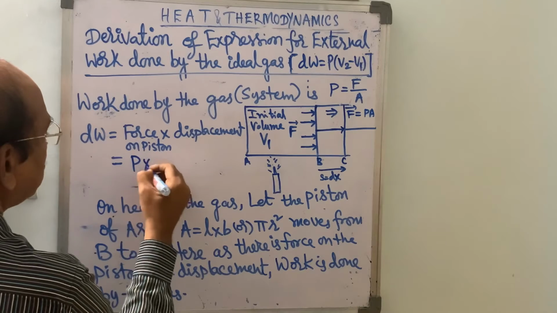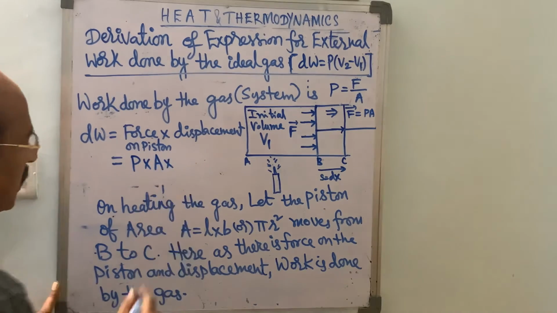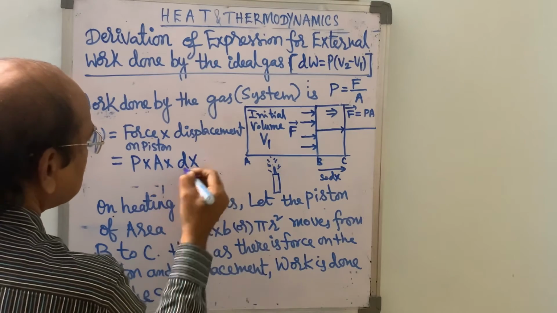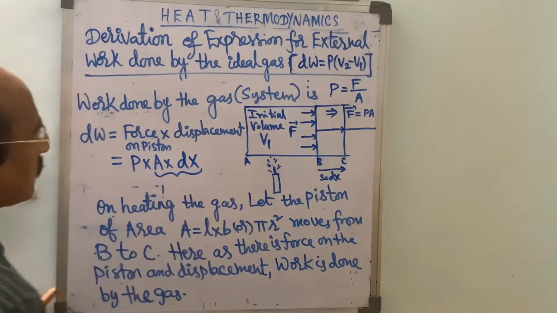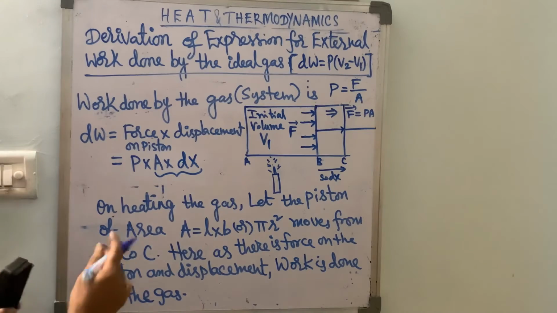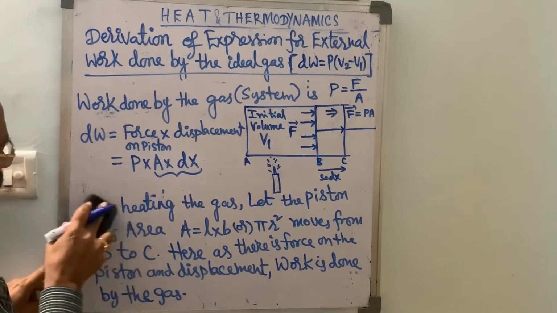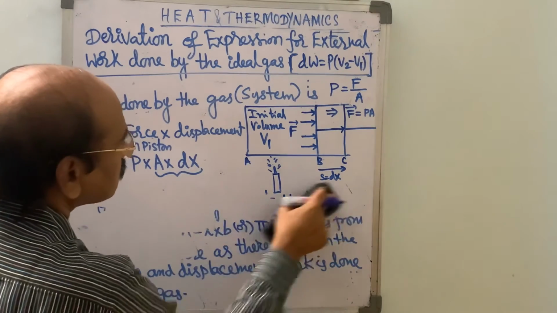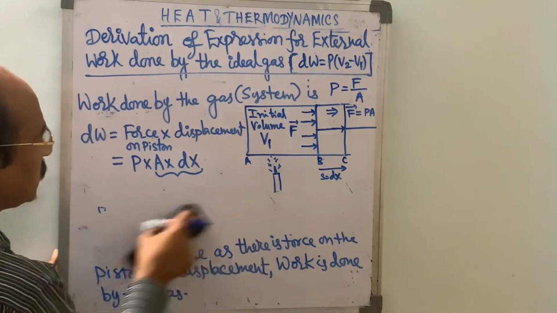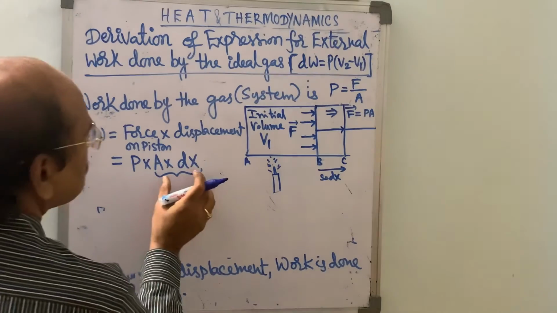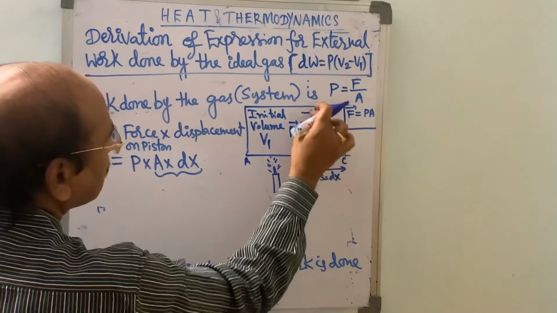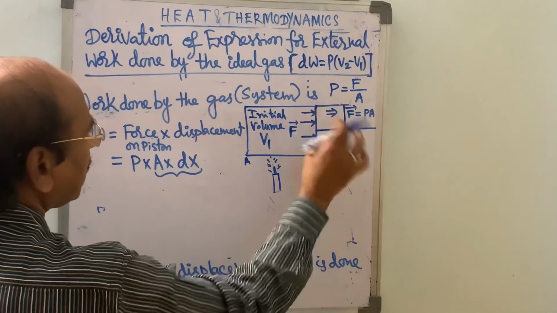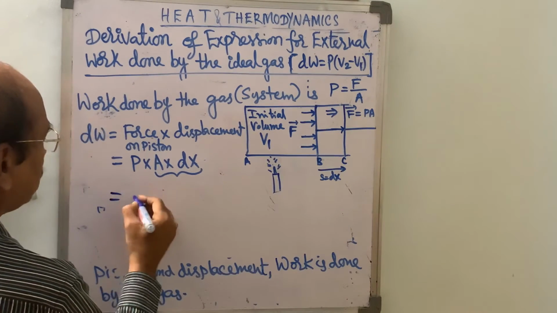Therefore, pressure into area of the piston into displacement dx. This area into displacement is nothing but volume, increase in volume. Area into height is nothing but increase in volume.